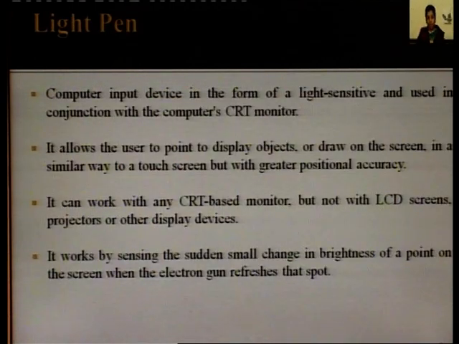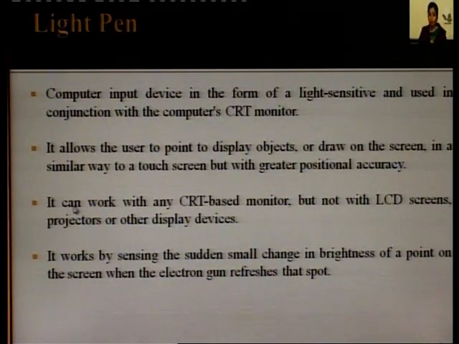Next is the light pen. A light pen is a computer device in the form of a light sensitive pen, used in conjunction with computer CRT monitors. It allows the user to point to displayed objects or draw on the screen in a similar way to a touch screen, but with greater positional accuracy.